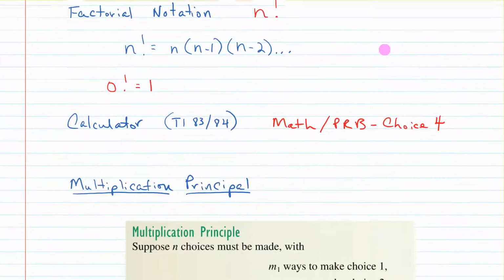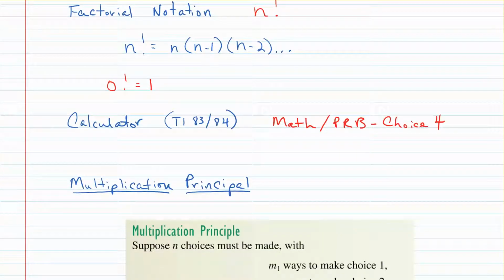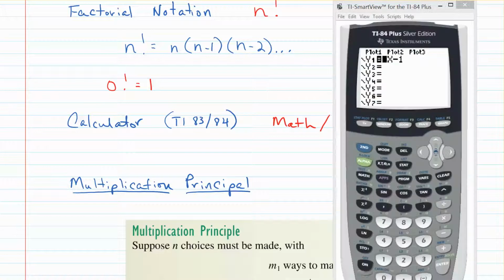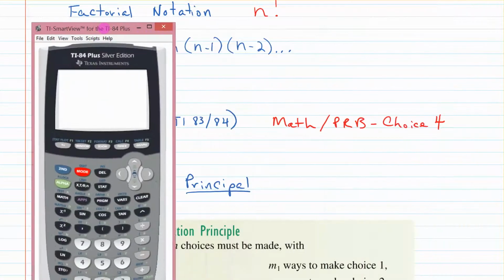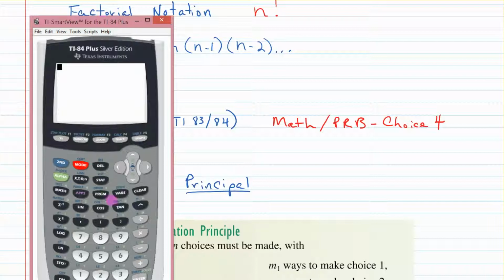Now we can do this on our calculator, and I'm going to get the calculator up here real quick. I've put it in an older style instead of the brand new style. I've written here math, and over to probability, and choose number 4.